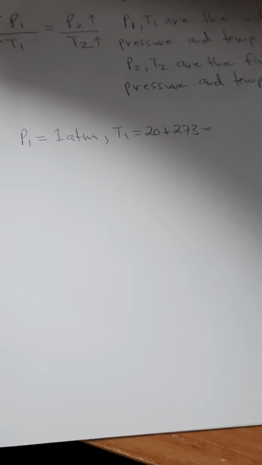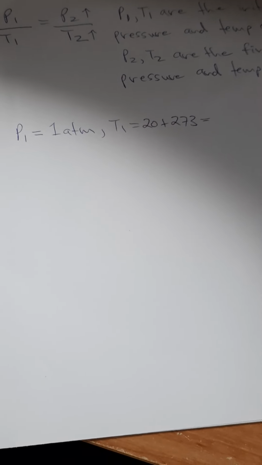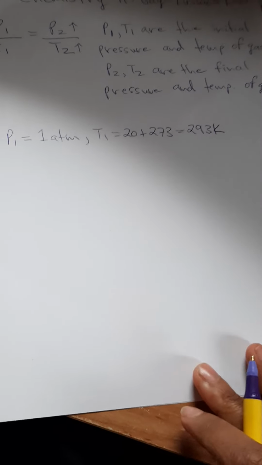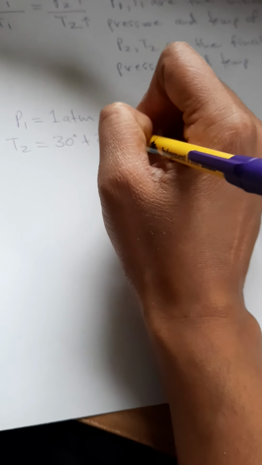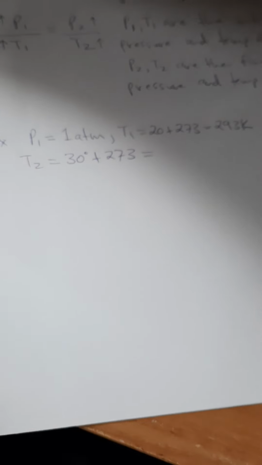Once more, make sure you're adding 273 to change this into Kelvin, so I'm putting 293 Kelvin. It is heated from 20 degrees Celsius to 30 degrees Celsius, so T2 is 30 plus 273.